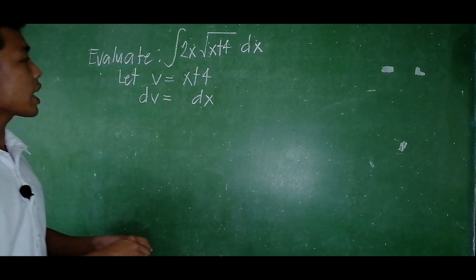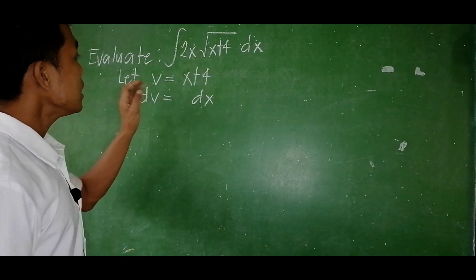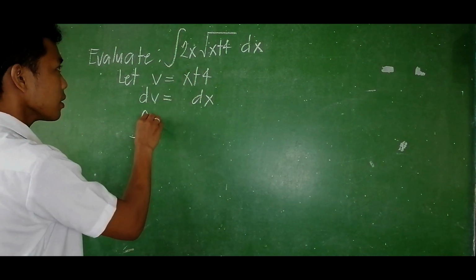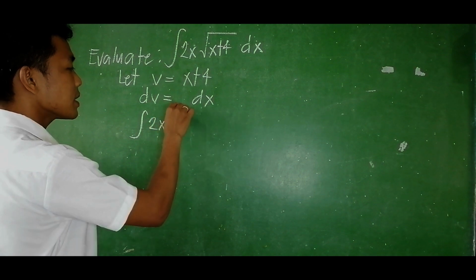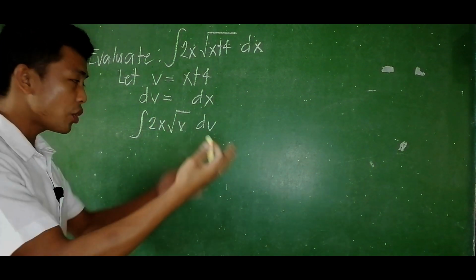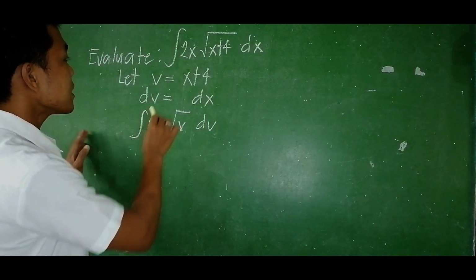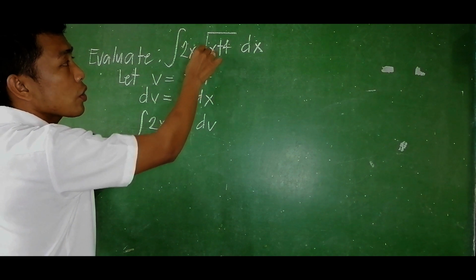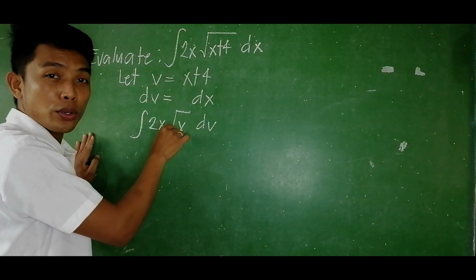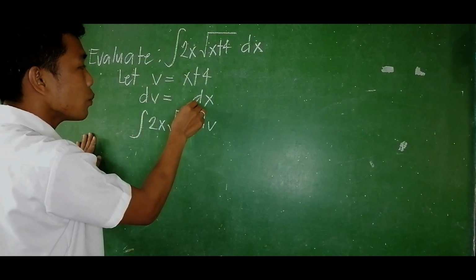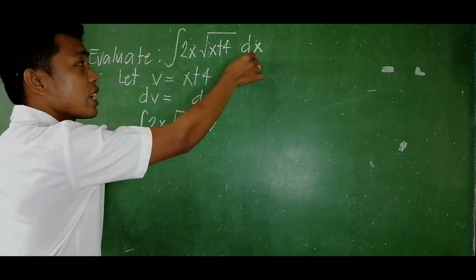And because we have already represented x plus 4 as v, we can now write the antiderivative of 2x times the square root of v dv. How did we do it? Because v is equal to x plus 4, our expression, the square root of x plus 4, will become the square root of v. And since dv is equal to dx, we will simply write dv instead of dx.